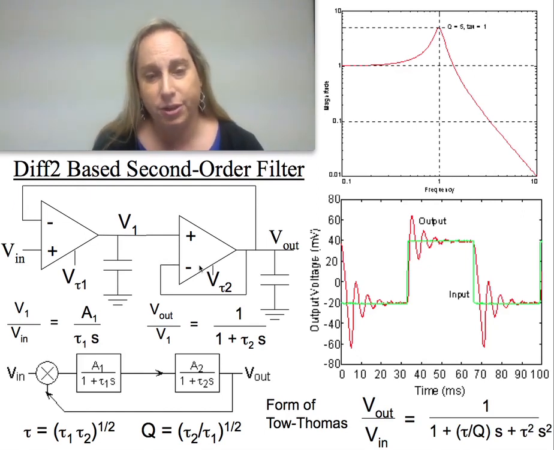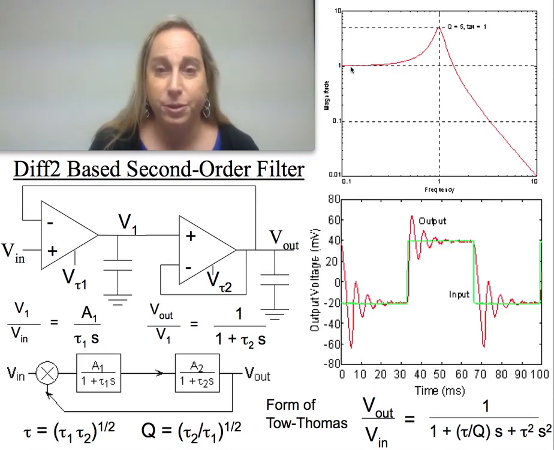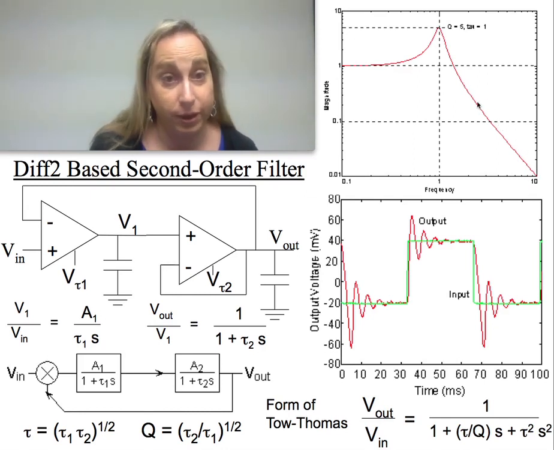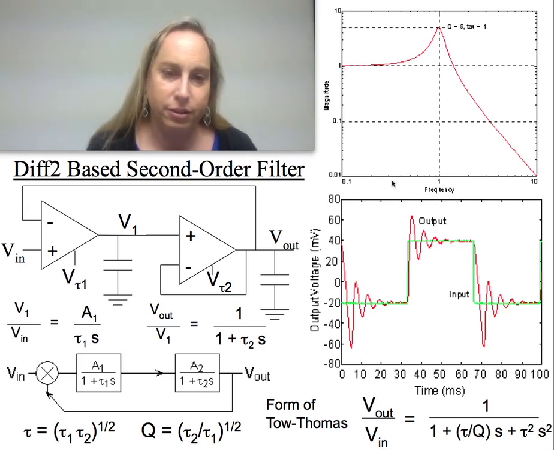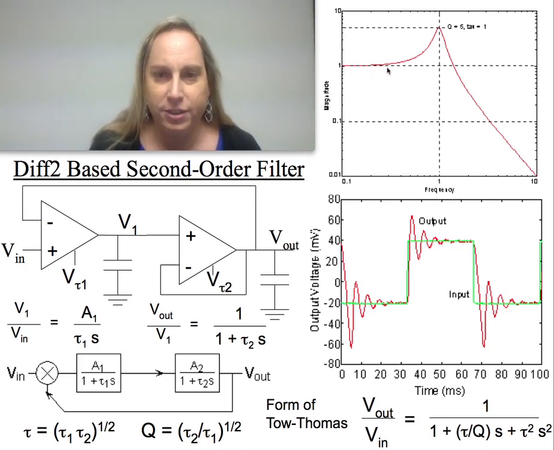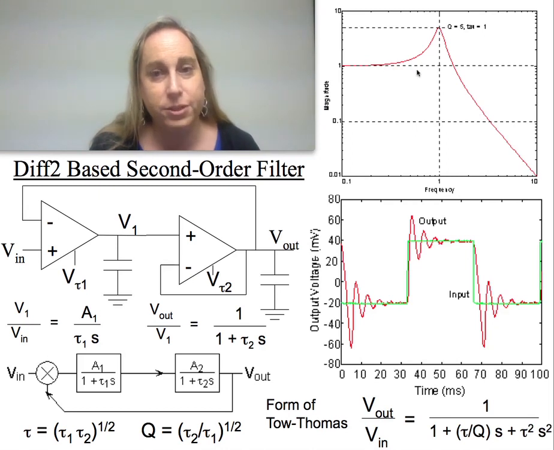But I can use the structure to tune and get very simple frequency responses, or I can get a very interesting Q, like here a Q of 5 with this particular tau, and I get a nice 40 dB per decade roll-off no matter what. The gain will be 1, and then depending on the value of Q, this will either just roll off, or I'll start to get some peaking as a result.